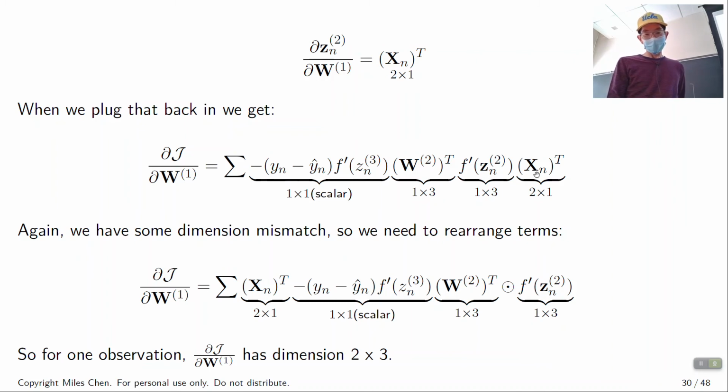I'm going to say, well, we want a 2 by 3 matrix, so I'm going to rearrange a few terms so that we end up with a 2 by 3 matrix. I'm going to take this xn transpose and bring it to the front here.